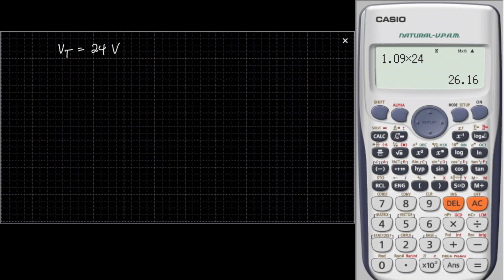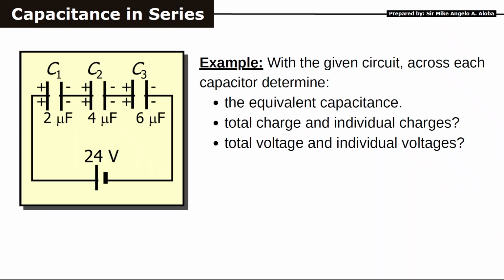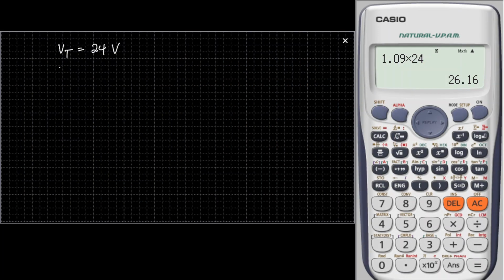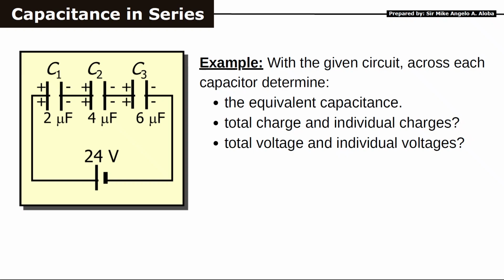So we are looking again for the individual voltages, because remember, the voltages in a series connection, VT is equal to V1 plus V2 plus V3. So we are now calculating for the individual voltages.